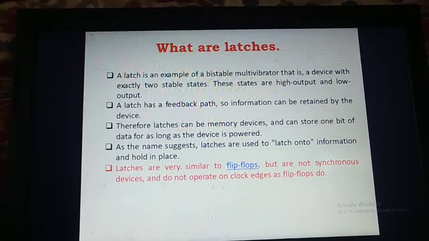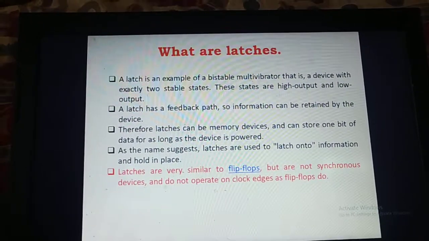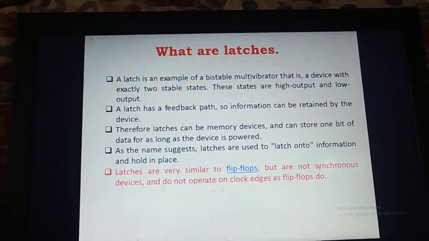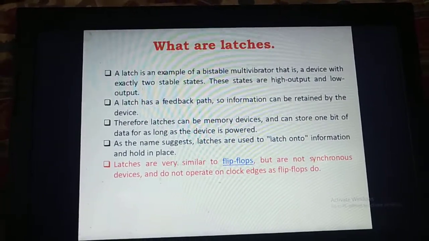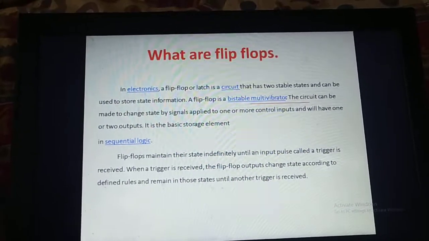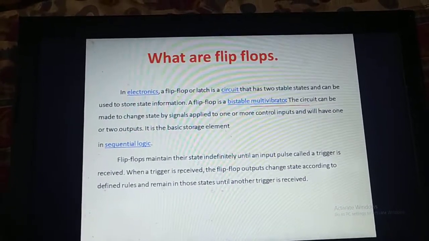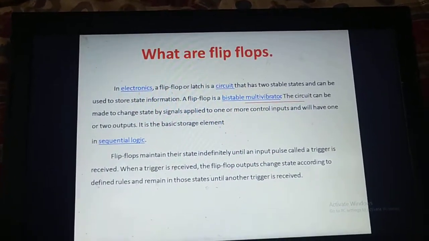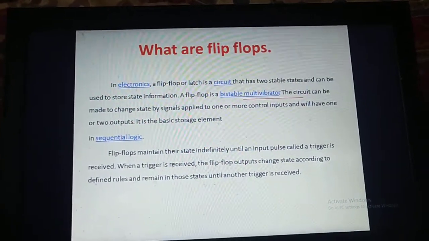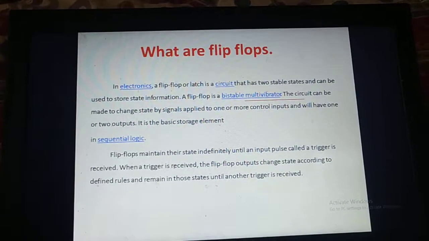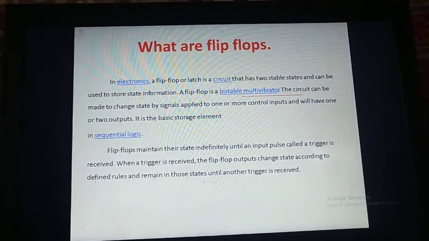Synchronous depends on a clock input, but there is no clock input in asynchronous devices. So flip-flops have the same block diagram with a clock signal as an input. So we can say it is a basic storage element in sequential logic.